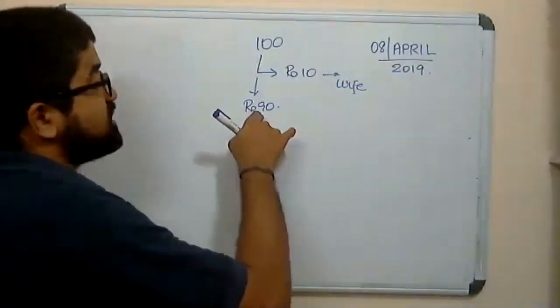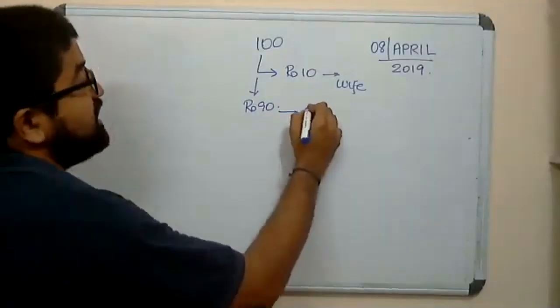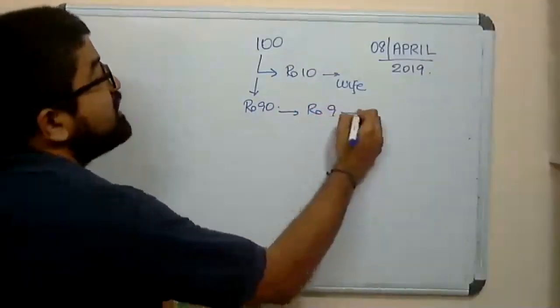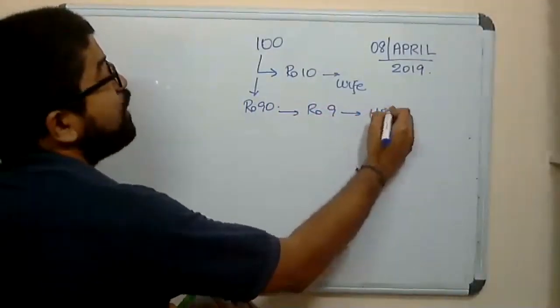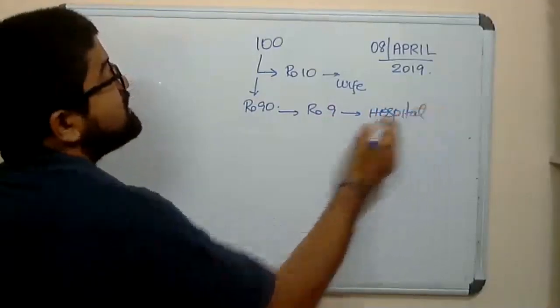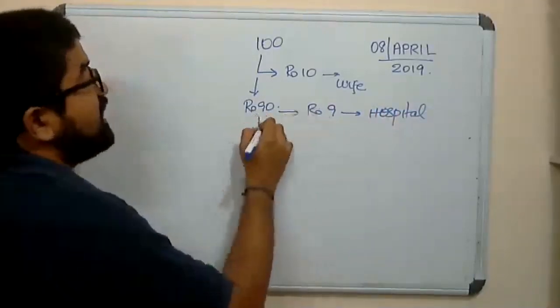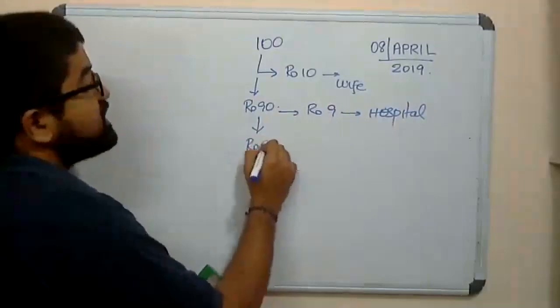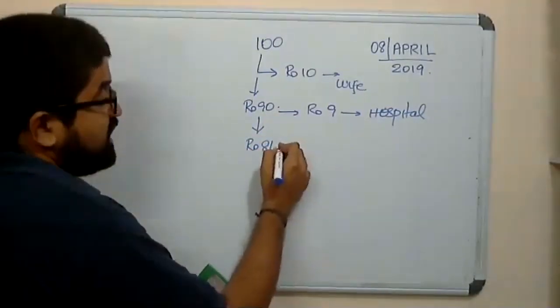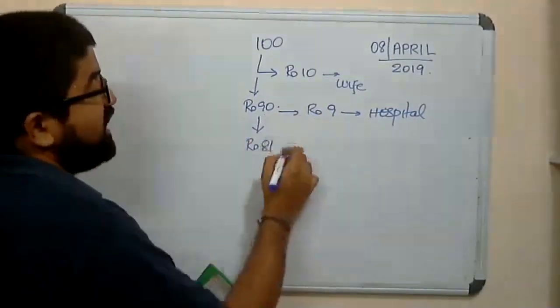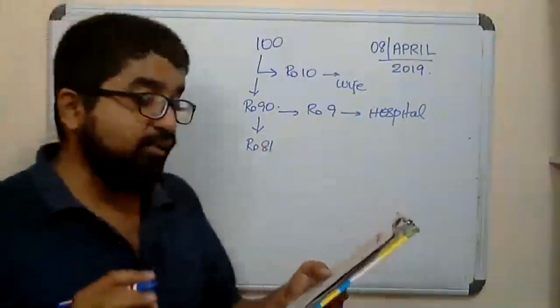So the remaining amount is 90. It's 10%. It comes to rupees 9. That is what he is giving to hospital. So we can see that 90 minus 9, that value comes to rupees 81. We can see that 81 rupees, that is what it is remaining with him.